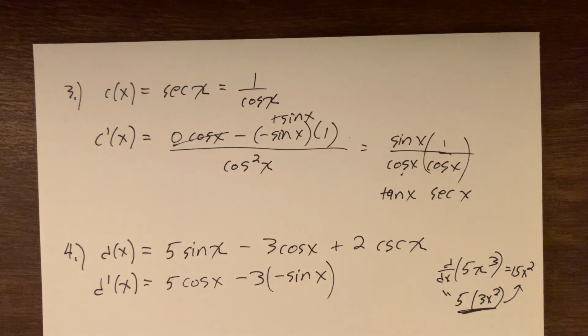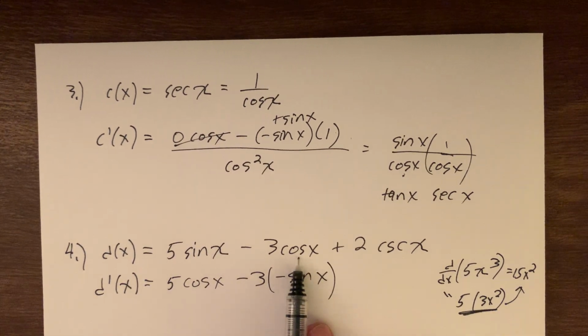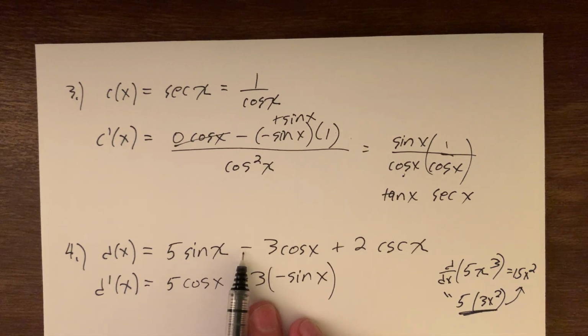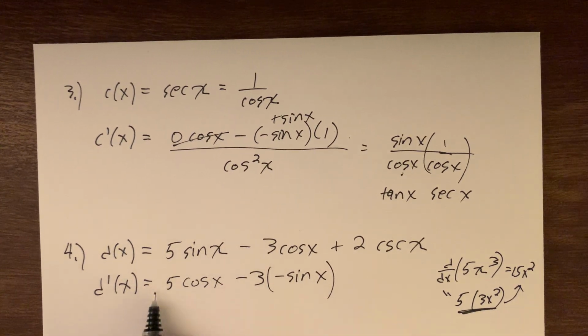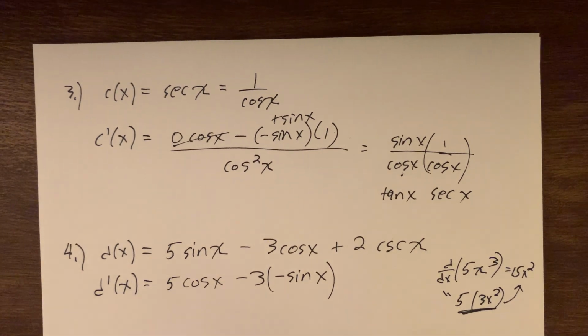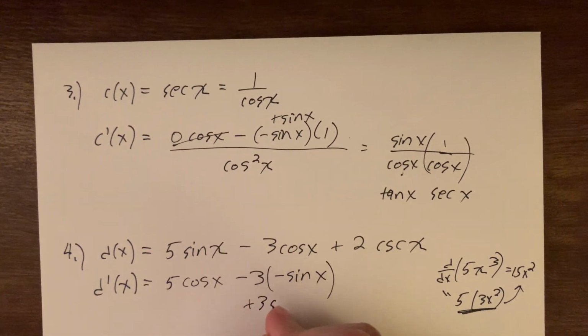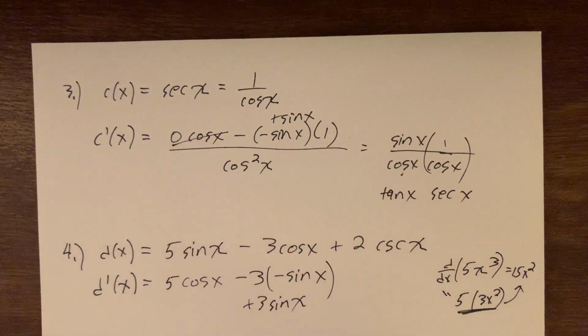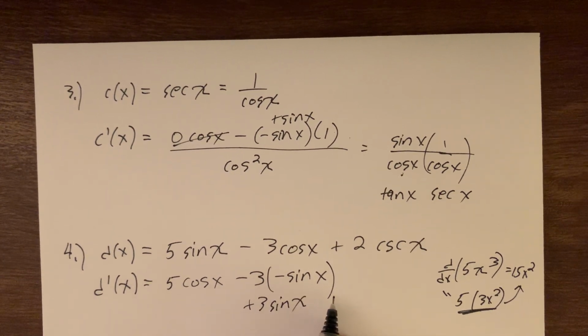So for some people, with the co-trig functions, getting a negative derivative really flips the sign that you started with. So no issue here. The derivative of sine was positive cosine, so nothing extra to worry about. If this was a minus 5 in the first place, it's a minus 5 times cosine. But here, this actually would become a plus 3 sine x. No harm leaving it like this, but then again, certainly cleaning up, or just realizing when the book cleans it up, these are the same thing.